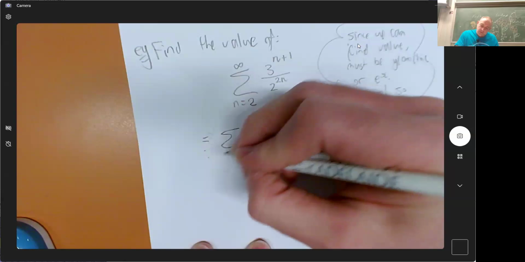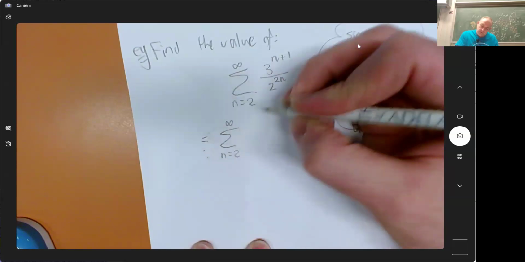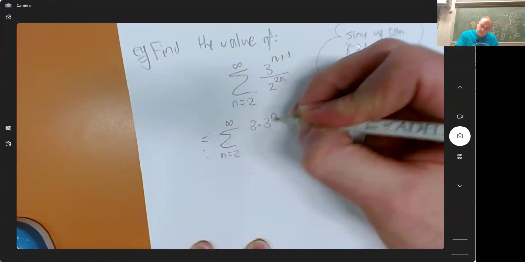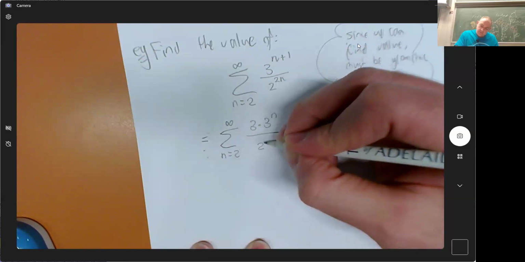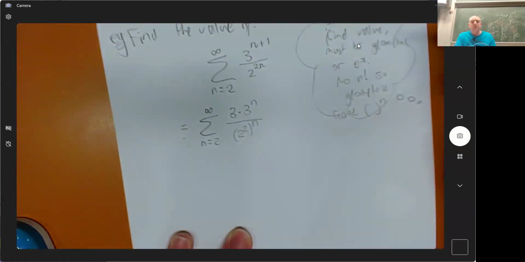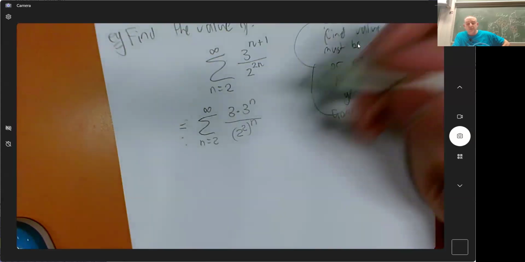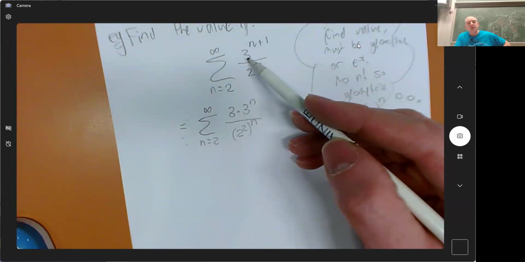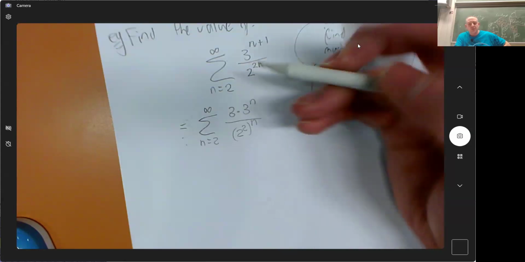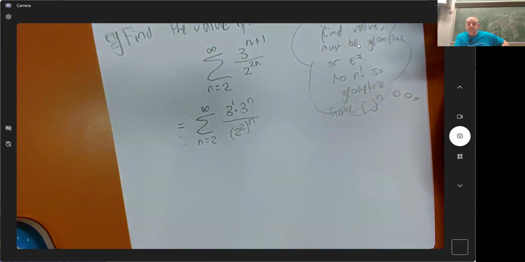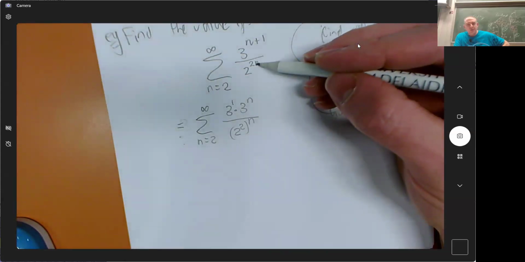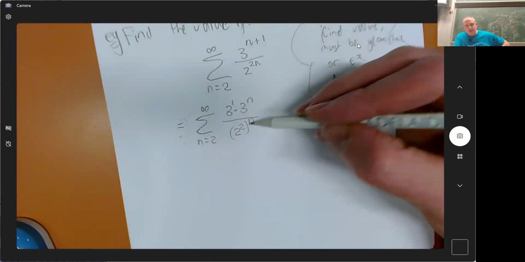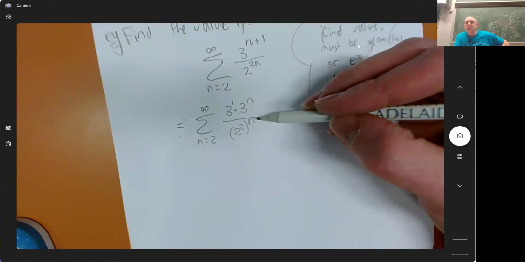I'm just going to do it properly. What I would like is things to the power of n. So I've removed this plus 1 by saying, well, 3 to the power of n plus 1 is the same as 3 to the 1 times 3 to the n. And 2 to the power of 2n is 2 squared to the power of n.